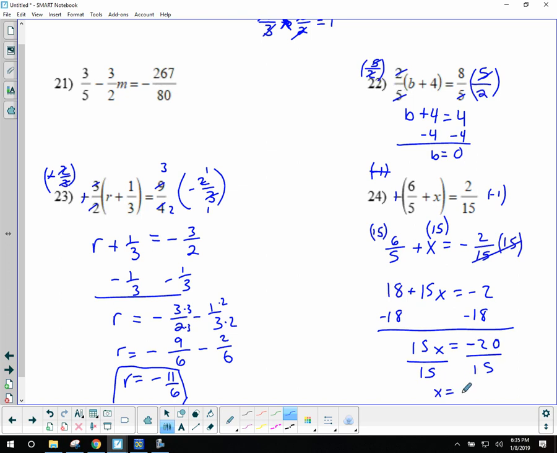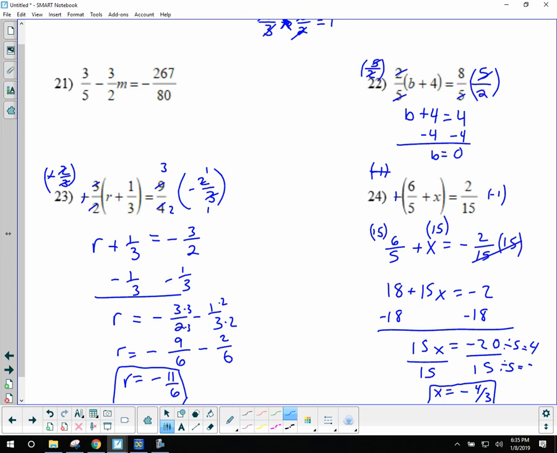And remember, to reduce it, I see what could go into both. 5 can go into both, so it's like you're dividing the top and bottom by 5, so that's 4. And that's 3. And that's where I got my numbers from. The negative just comes down with the negative.